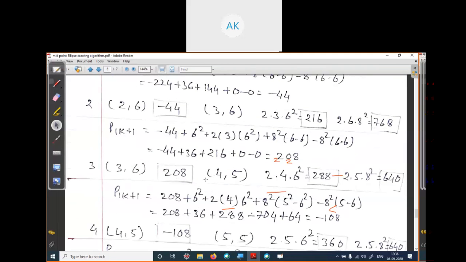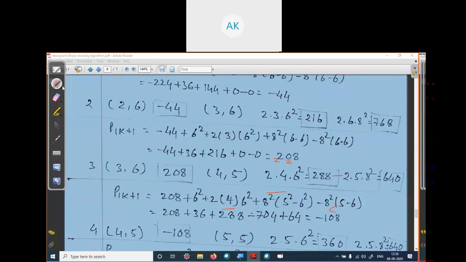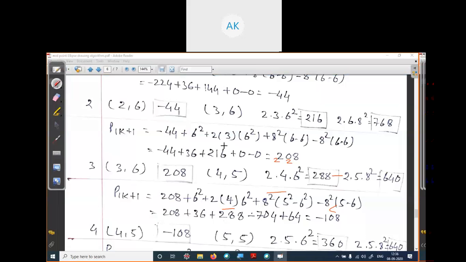Calculate for the third iteration. Your previous decision parameter is minus 24, plus ry square, plus 2 into xk plus 1, which is 3, into ry square, which is 6 square, plus rx square, yk plus 1 square minus yk square, 6 square minus 6 square.